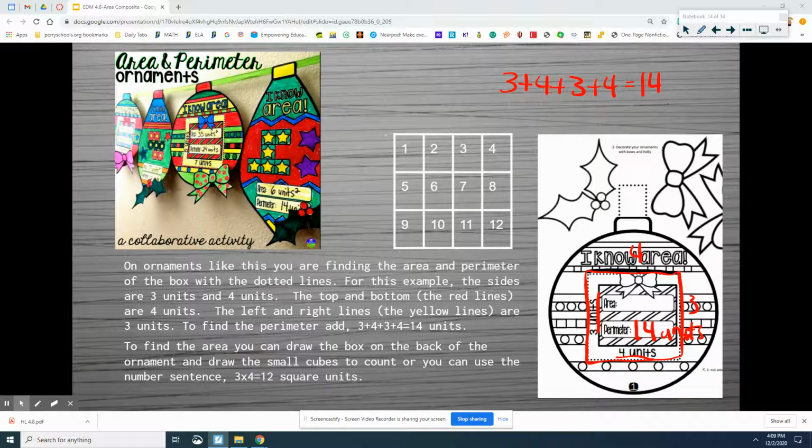Well, you could think about drawing a composite where we would split them up, but what we know is the long side is 4, and I have 3 of those 4, so I'm going to count by 4s. 4, 8, 12. So the area of this shape is 12 square units. I'm just going to put SQUN for square units. That is one type of area that you might have to find.